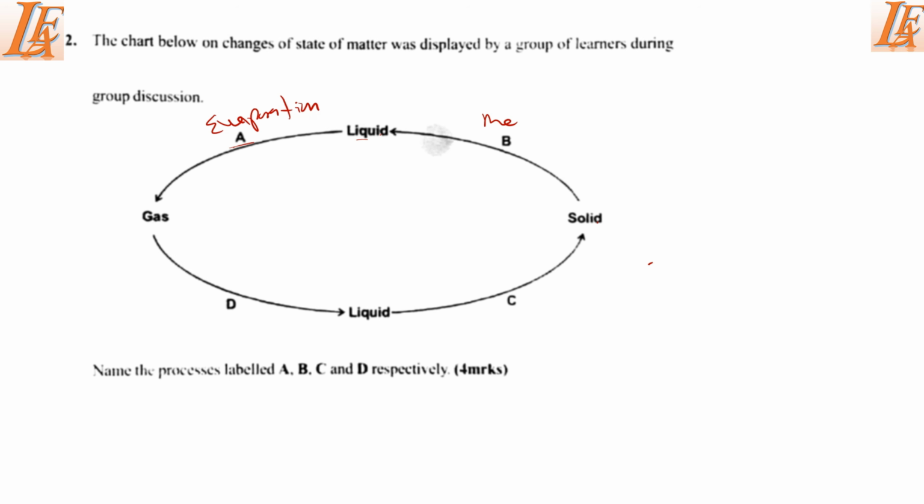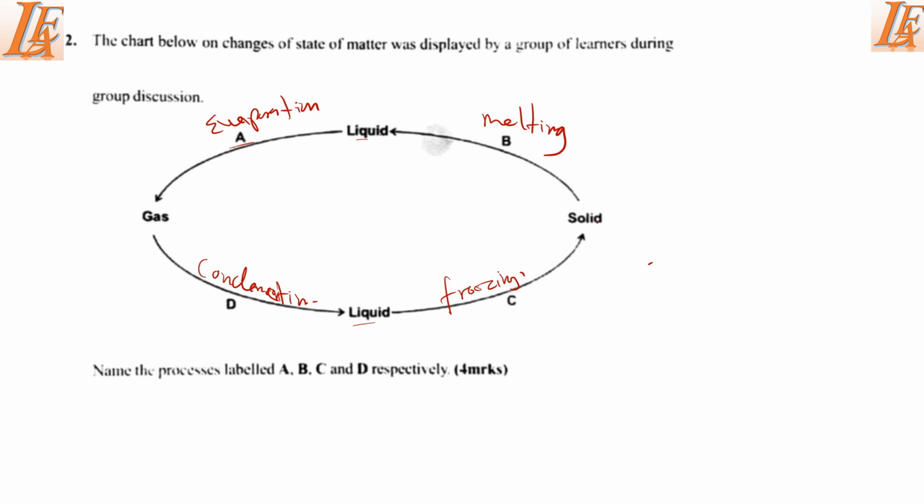This one is melting. Then process C, when you have a liquid to solid, we call it freezing. And process D, when you have a gas to liquid, we call it condensation.